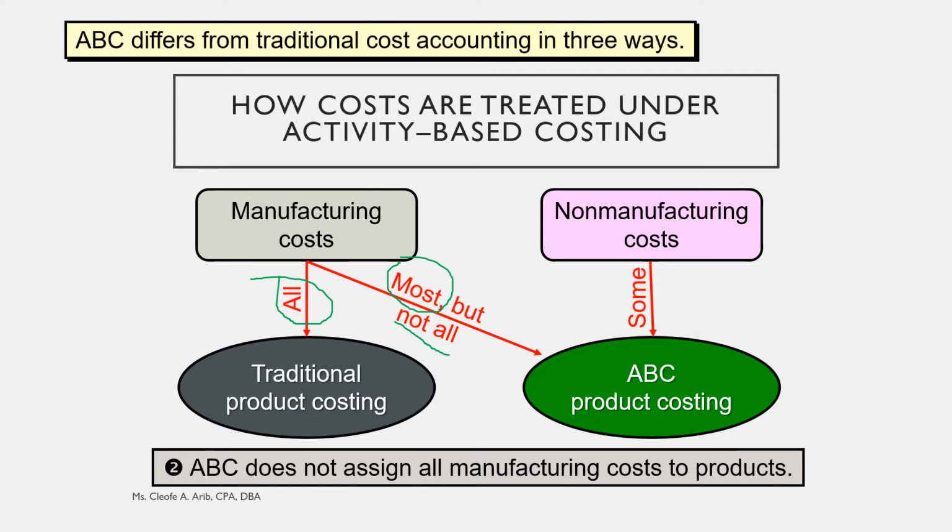But when we talk about ABC, there is no identification of whether it is a manufacturing or a non-manufacturing cost. What is important is whether the cost is direct to that product. If the answer is yes, then that is definitely a product cost under ABC product costing.